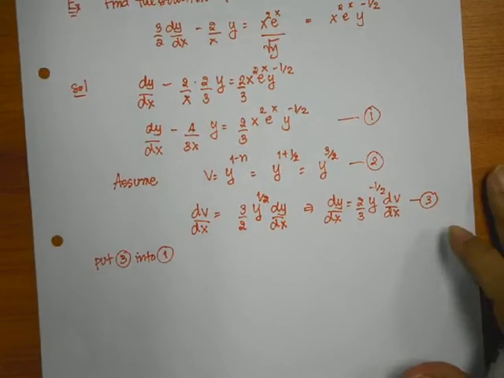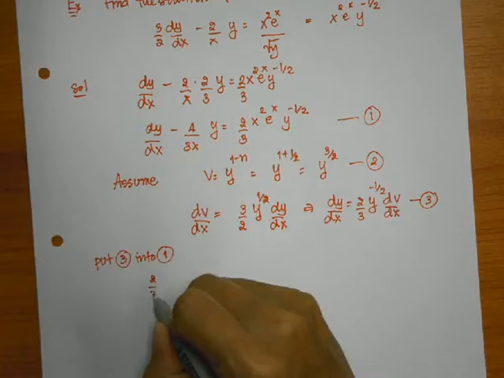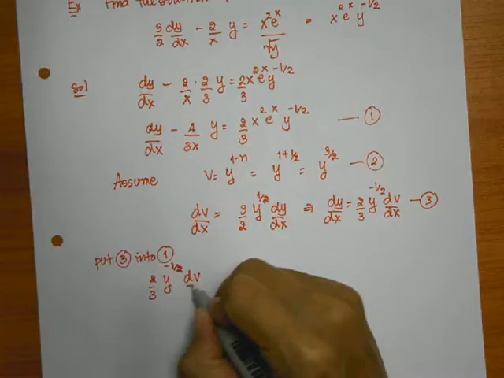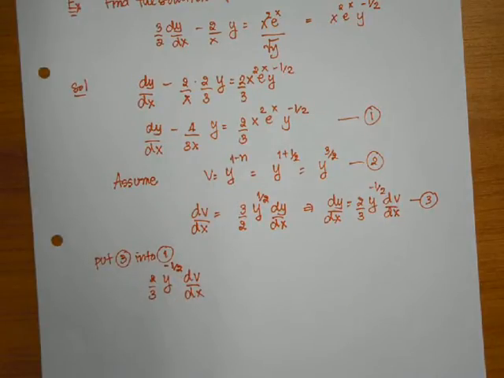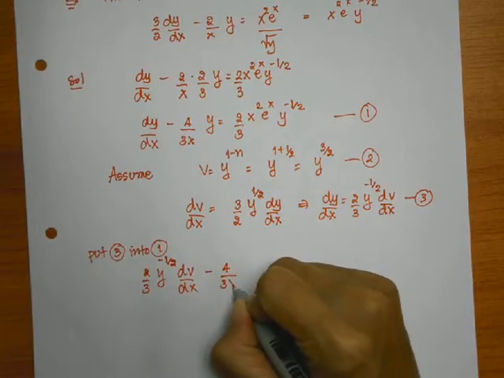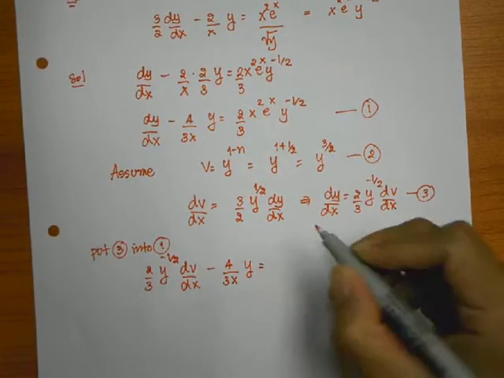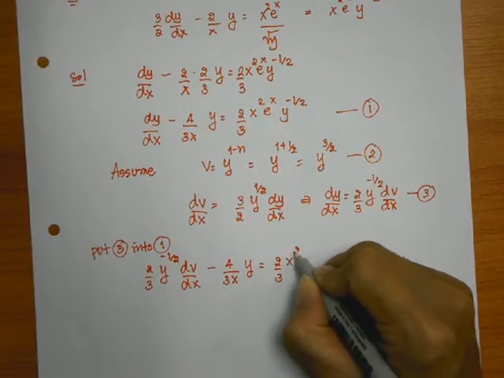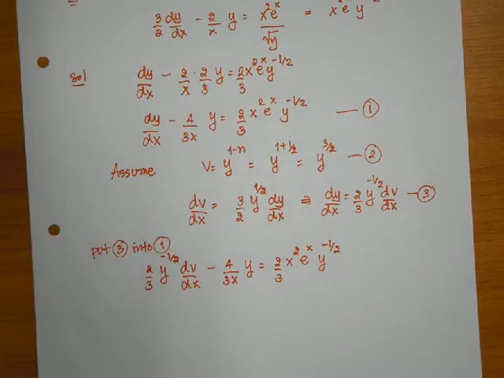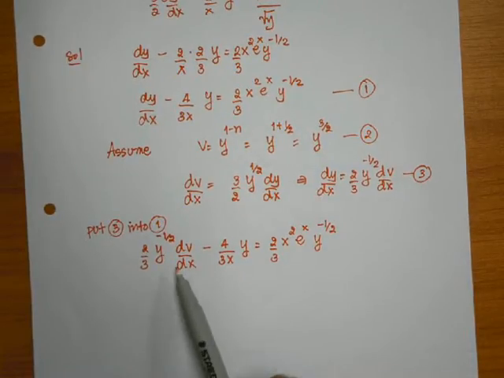We will get 2 over 3 y to the power negative 1 over 2 dv/dx minus 4 over 3 xy equal to 2 over 3 x squared exponential of x y to the power negative 1 over 2. And then again, we make the coefficient of dv/dx equal to 1.